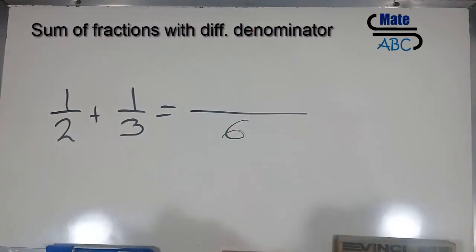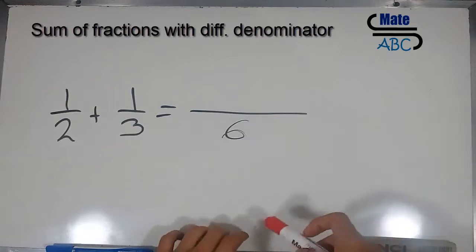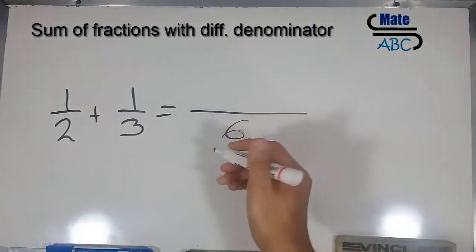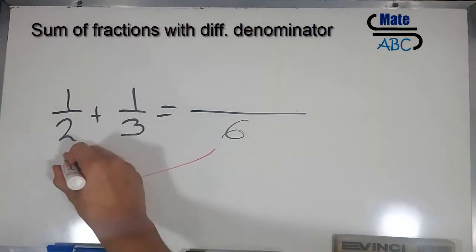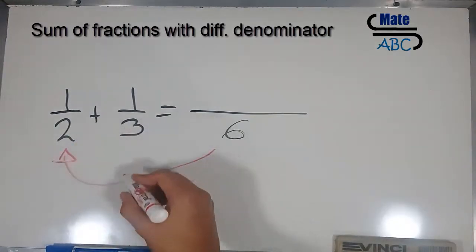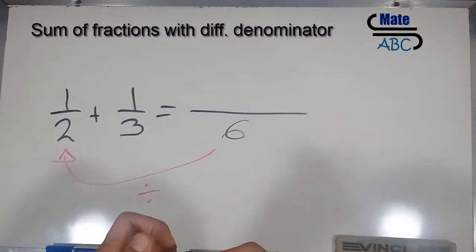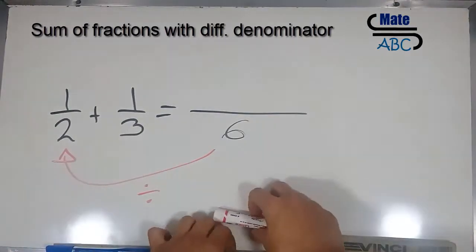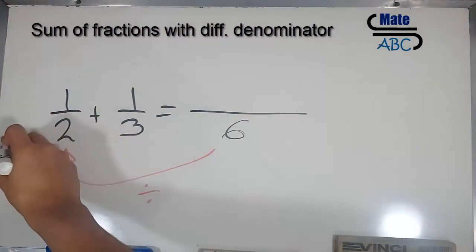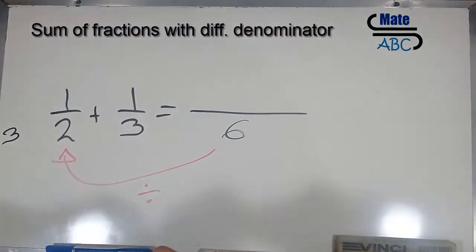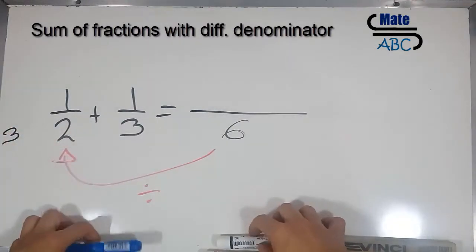So first of all, please pay attention to this. We need to divide 6 over 2, and the result is 3. This is the result.